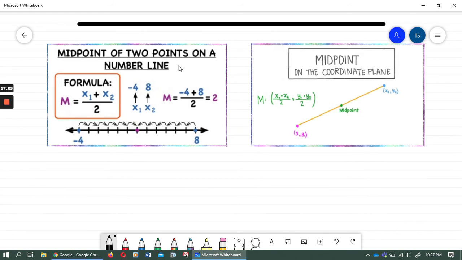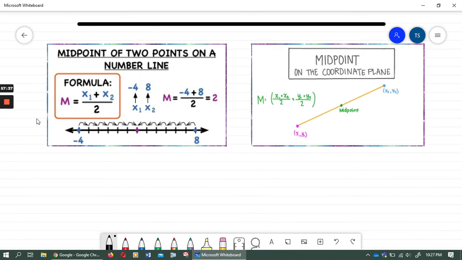Okay, so guys, there's only one midpoint formula, but let's just look real quick. If you were looking at a number line, you see this number line on the left side in this little figure. You see they've got 2 points, a point at the value of -4 and a point at the value of 8.